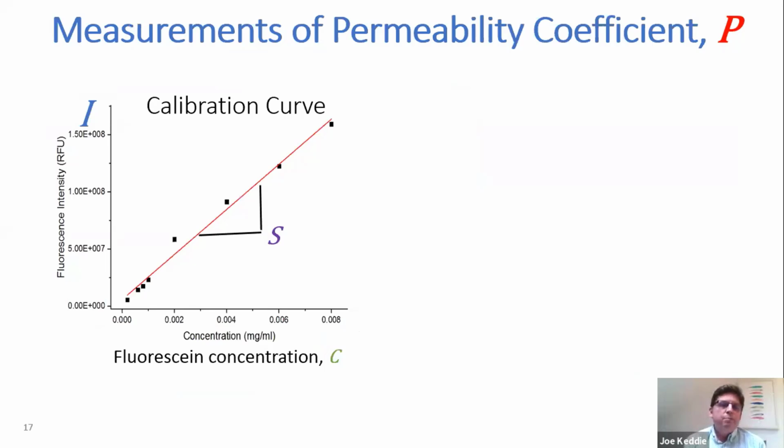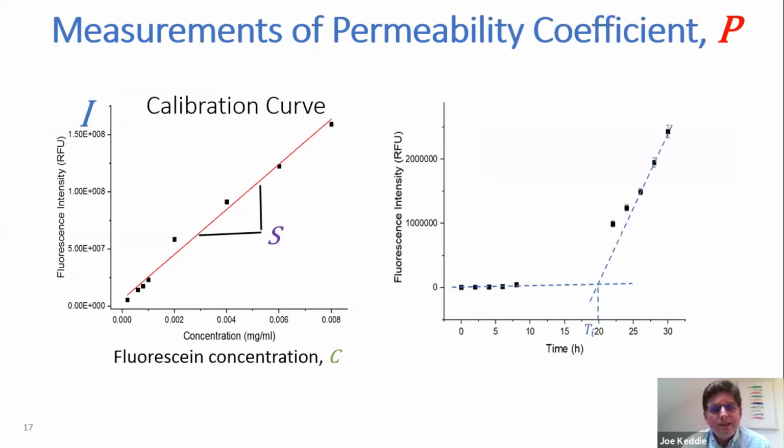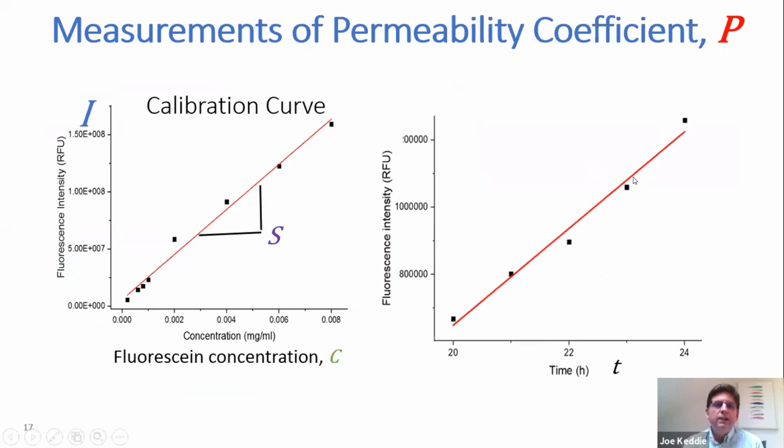And to make this quantitative, we created a calibration curve, just intensity versus concentration of the fluorescein. And this is what some example data would look like. Because it takes a certain time for the molecules to get through the thick film, we don't immediately see in the receiver an increase in fluorescence. But after a certain time, then we see this linear increase with the fluorescence in the receiver cell versus time.